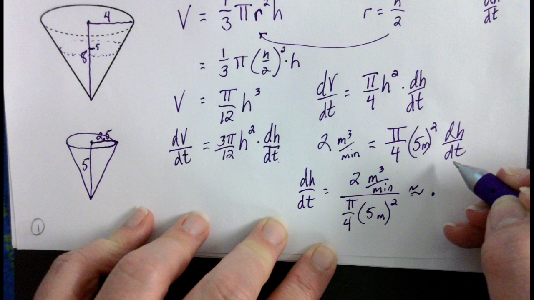But so that, my friends, is how we use a rate of change to find something else using related rates. It really revolves around implicit differentiation.